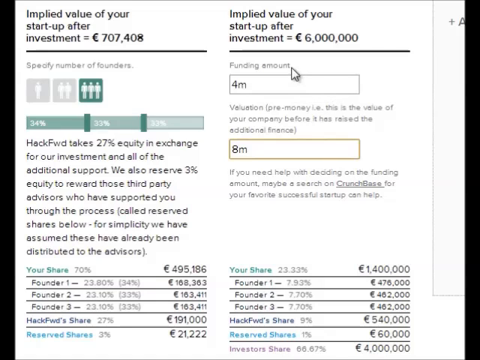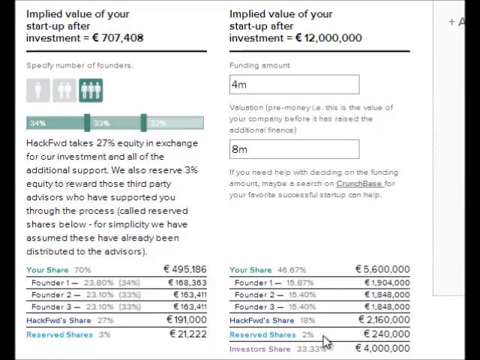The implied value of the startup, let's see, is $12 million, which means that you've got the investment amount and the pre-money valuation. Together that makes $12 million. And you see how that works out here too. So percentage-wise, the percentage stays the same. What changes here is the valuation of that amount.